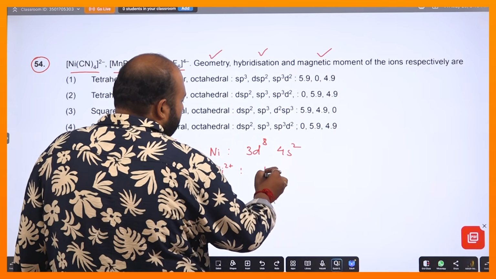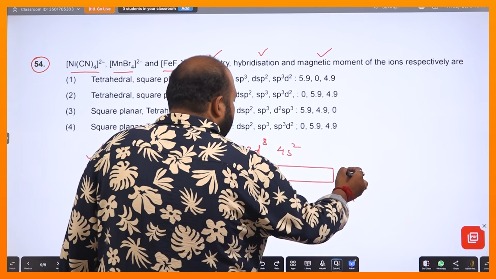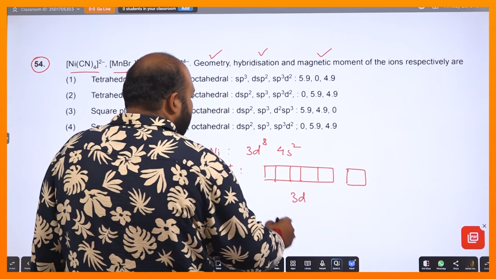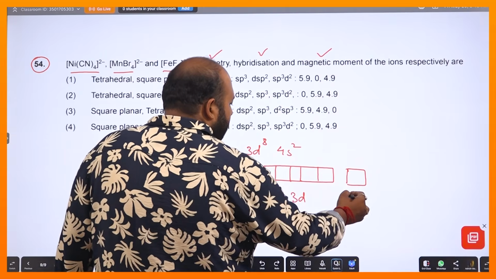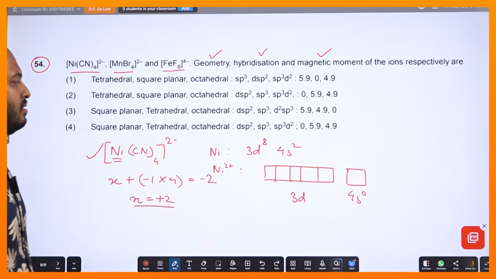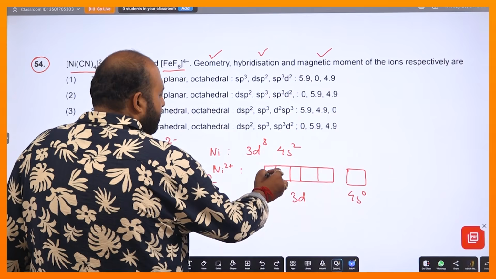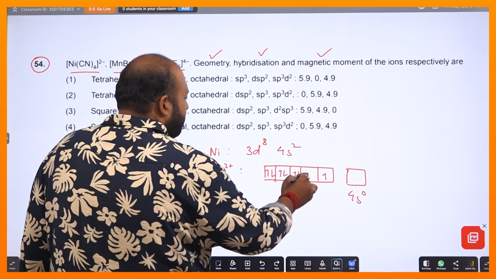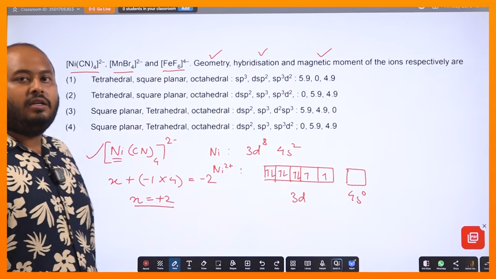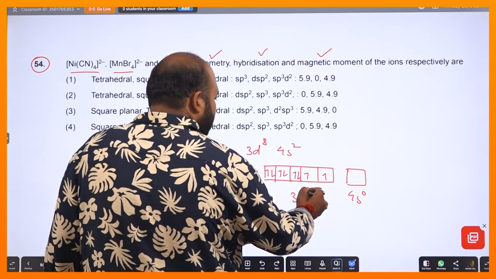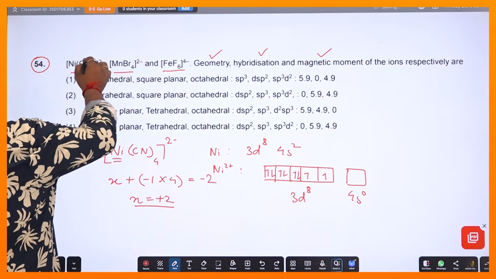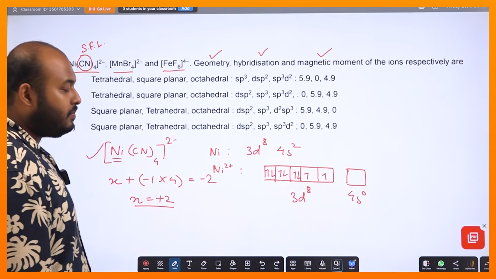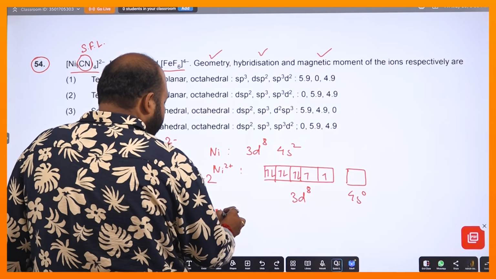In +2 oxidation state, nickel will lose electrons from the 4s orbital, and there will be 8 electrons filled in the 3d. Now you can see that cyanide is a strong field ligand, so it will do a pairing up in the d.